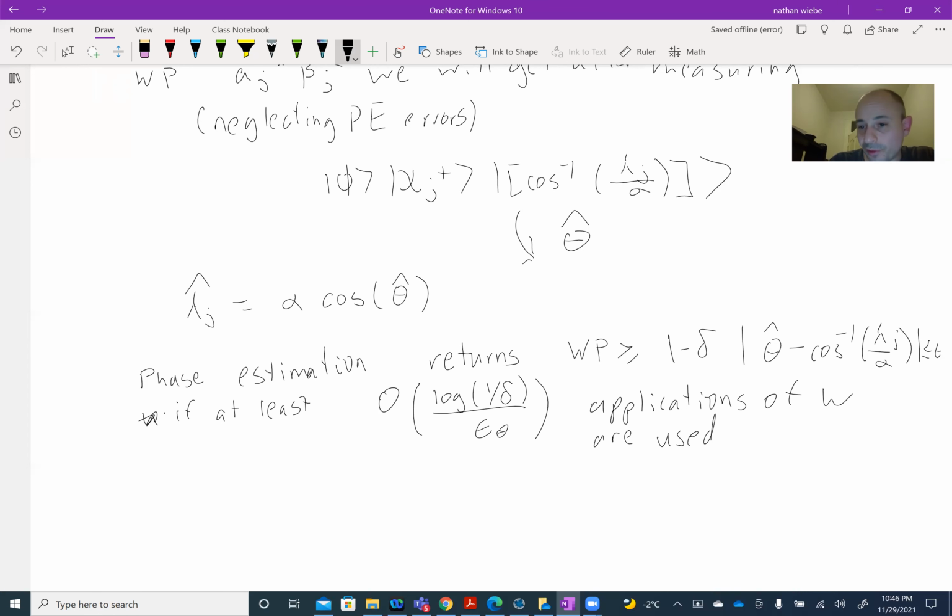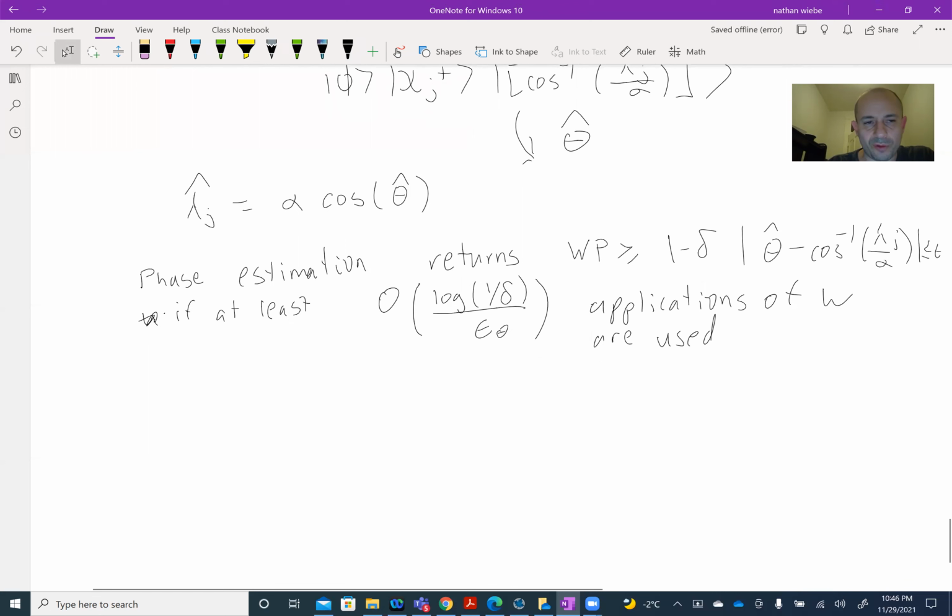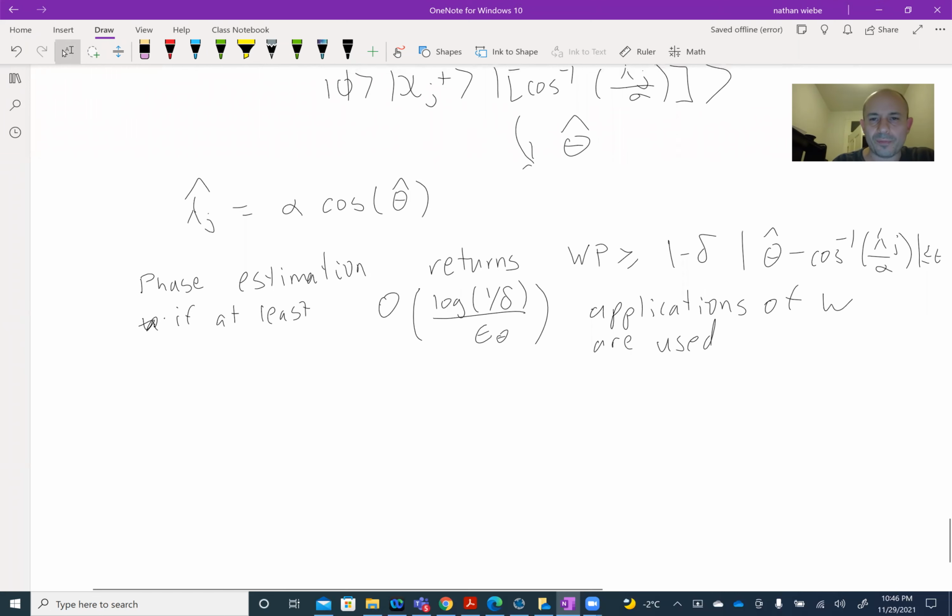The reason why I'm calling it epsilon sub theta is that we want to figure out how epsilon theta is going to have to scale in order to guarantee that our error in the final estimate is at most alpha epsilon.